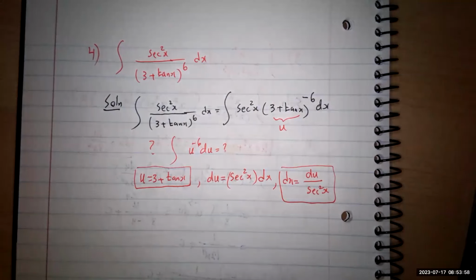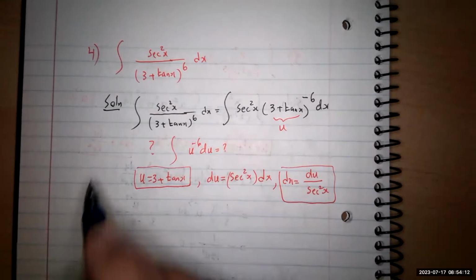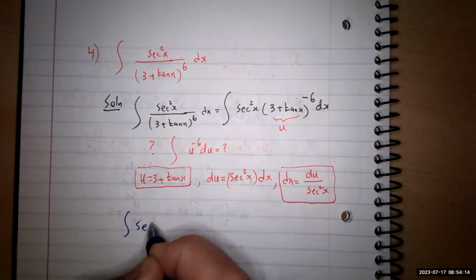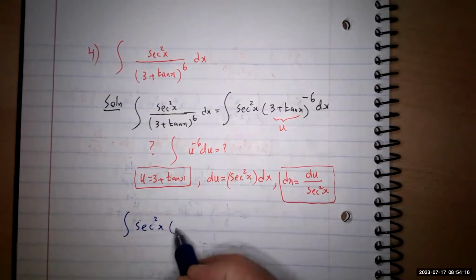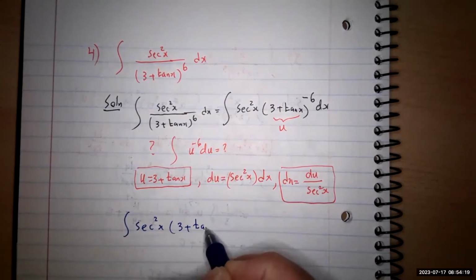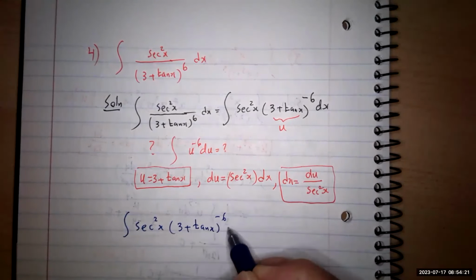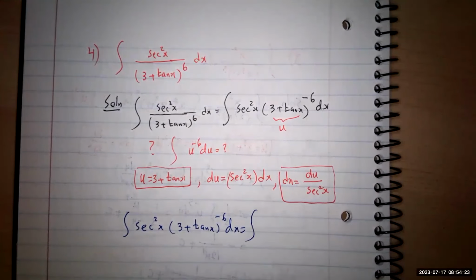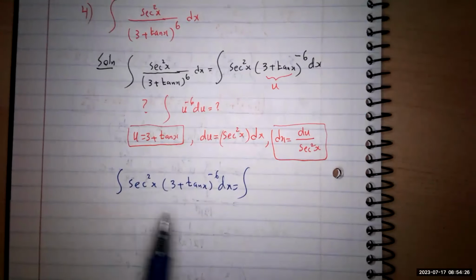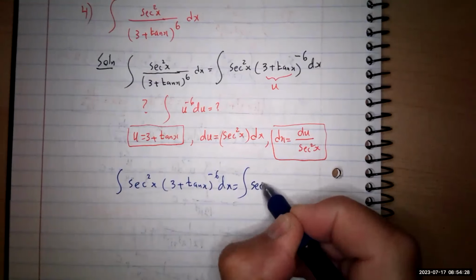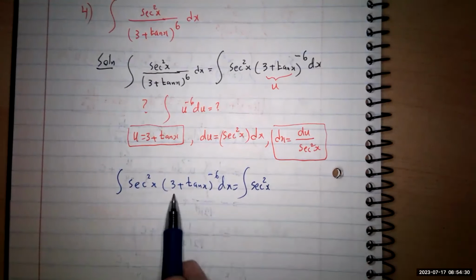So it doesn't matter really. These trigonometric functions around, they would be fun, but we can do it. So let's start from here. Substitute to see if you can get to u to the negative 6. Originally we have secant square of x times 3 plus tangent x to the negative 6 dx. I don't have anything to substitute for secant squared, so secant squared stays as is.